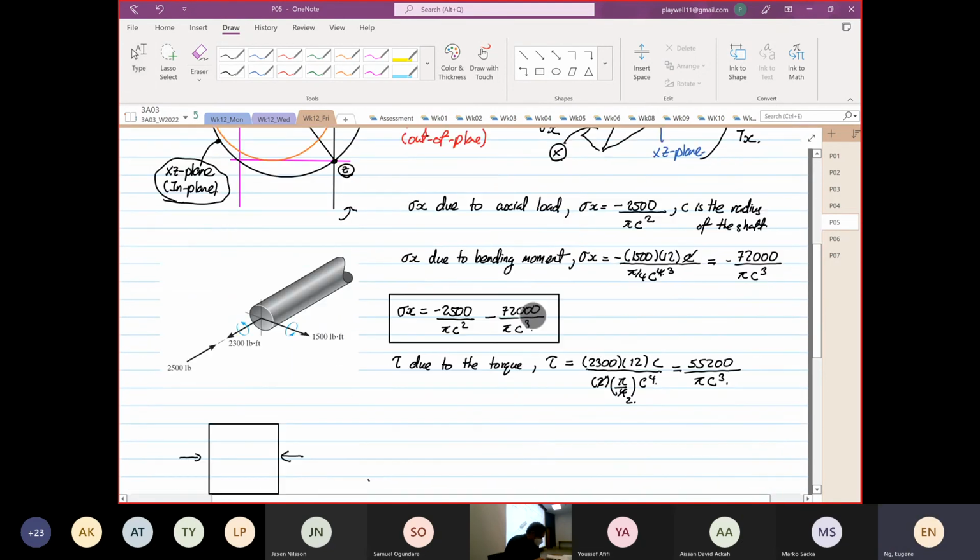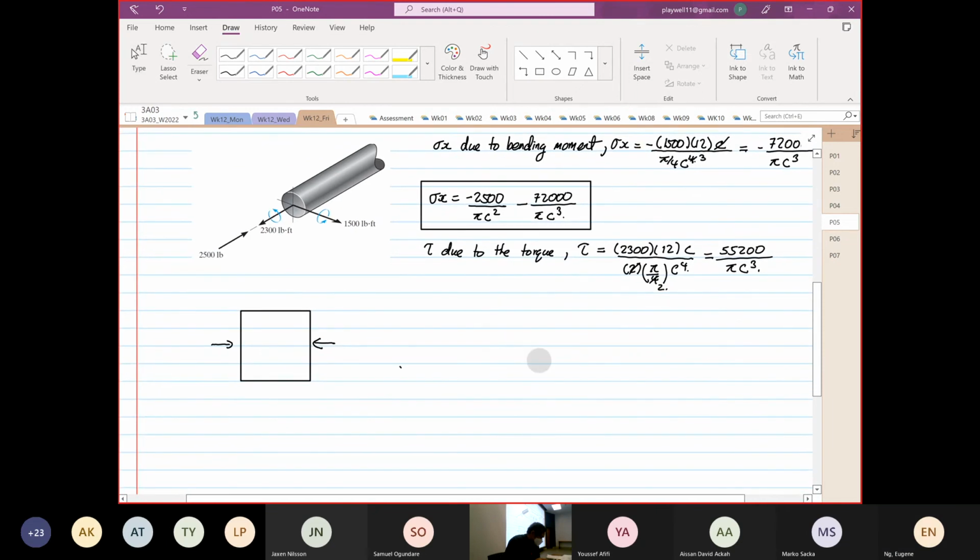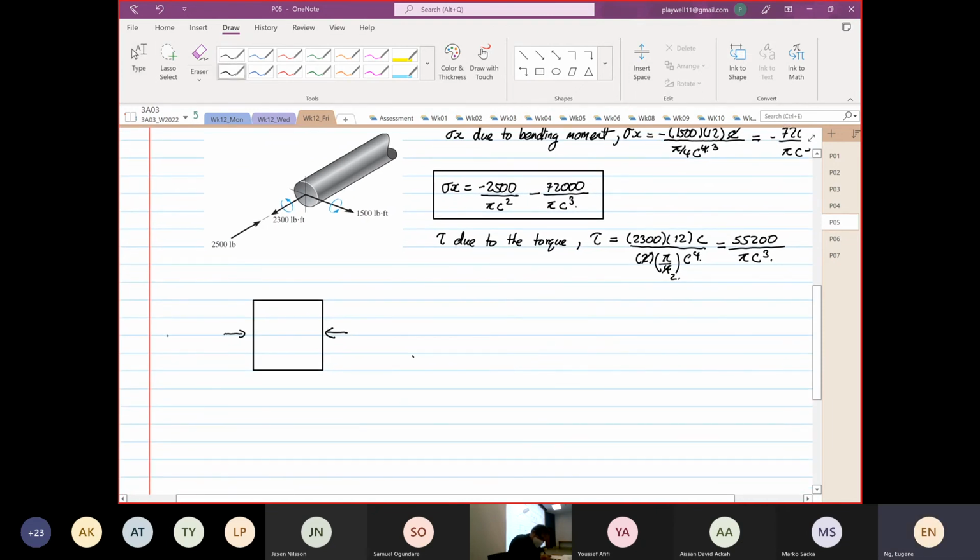There's our X. And coming down, this is our Z. So this is our shear.